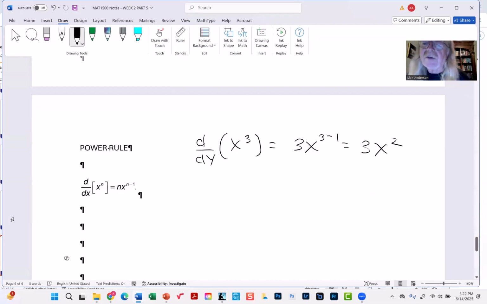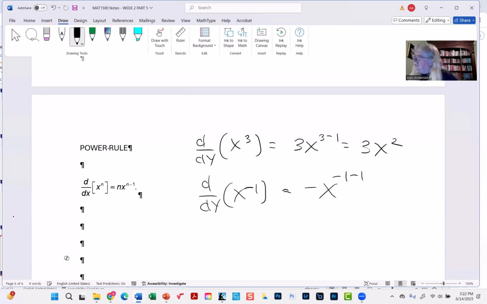That's where this came from. So if you had something like this, now this time the exponent, as you notice, is negative. We're going to end up with negative x to the minus 1, and we end up with negative x to the minus 2. And if you want, you could write this as a fraction, because it means, of course, the same thing.